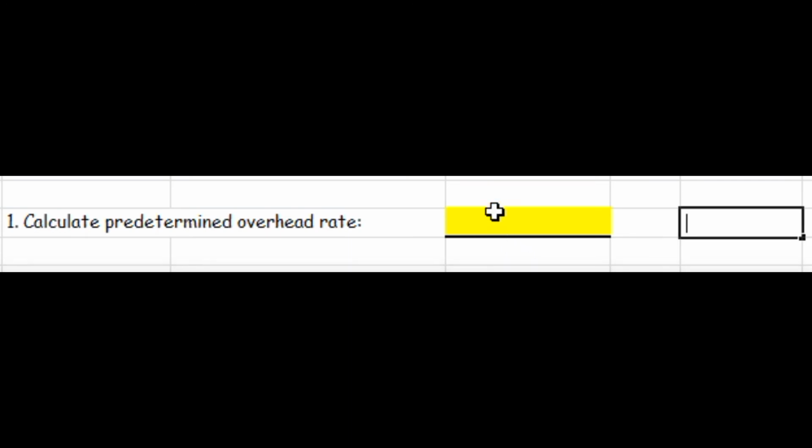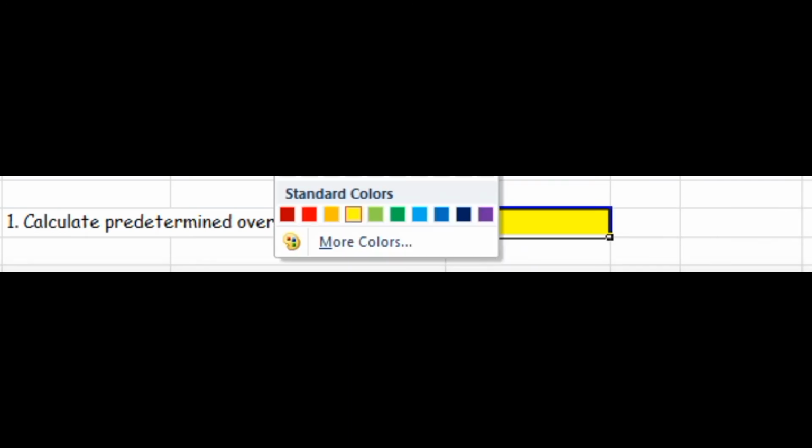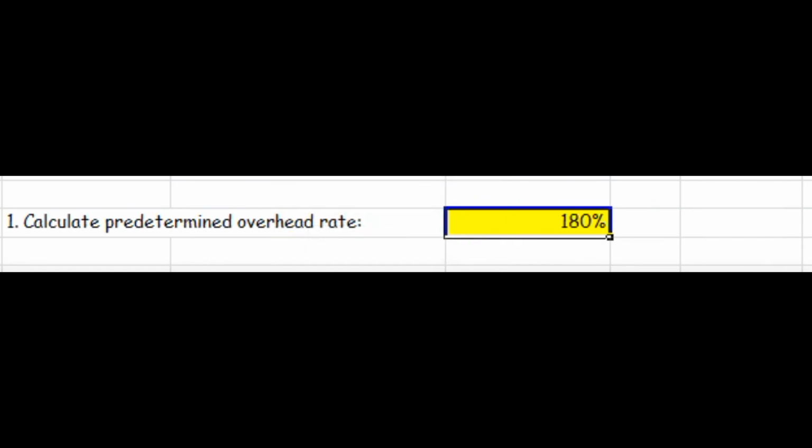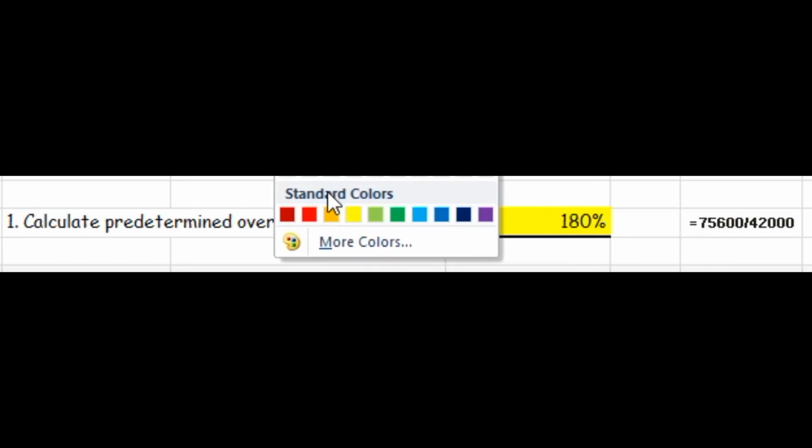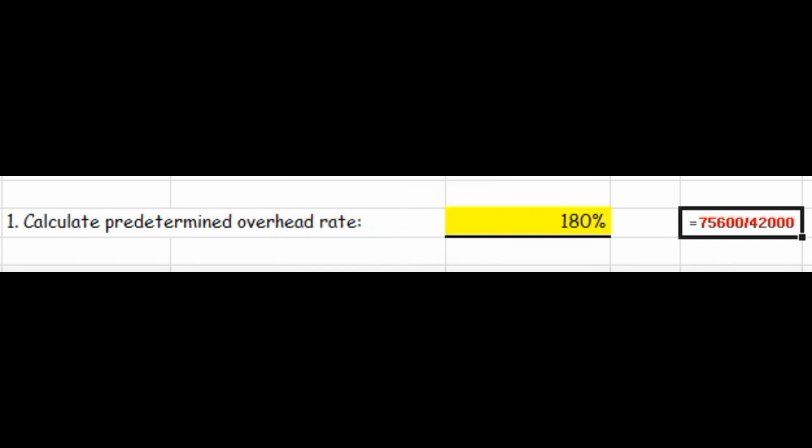So given the problem, you had the information, which was $75,600 divided by $42,000, your direct labor. This is the equation in the information given in the problem. So the overhead rate is 180%.